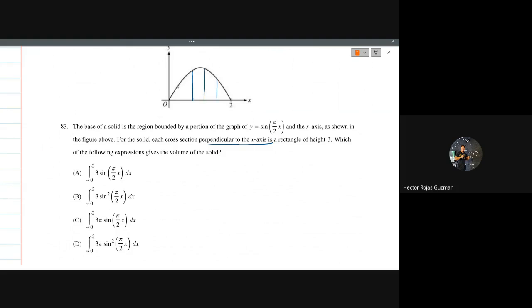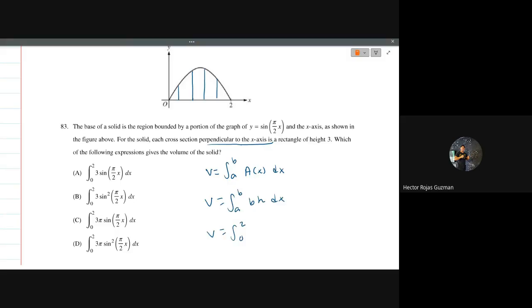Which of the following is the expression that gives the volume of the solid? Well, the volume is going to be the integral from a to b of the area of the cross section. And because we have rectangles, we have base times height.